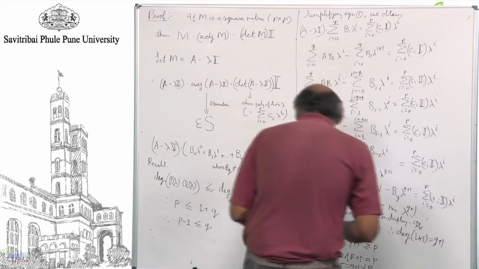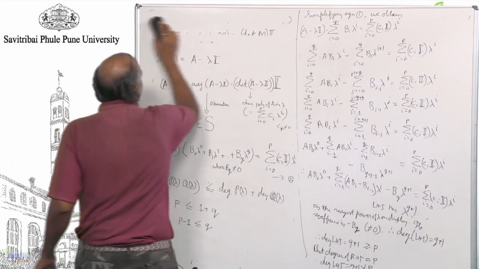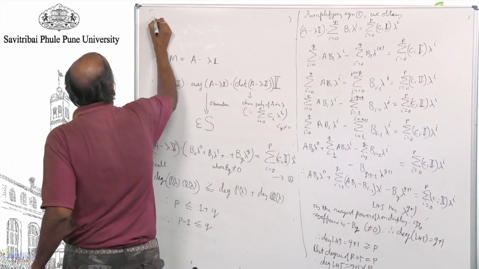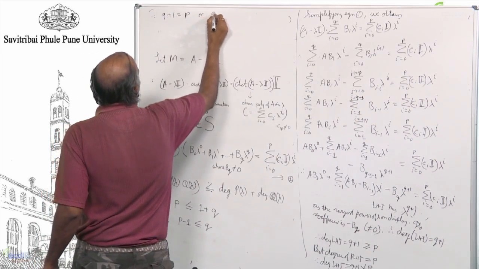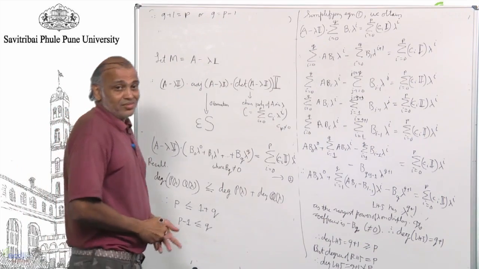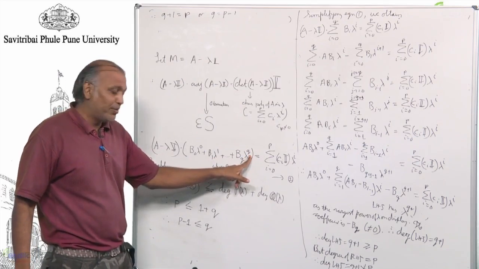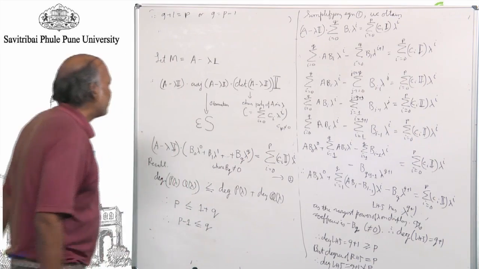So therefore, you will have q plus 1 equals p, or q equal to p minus 1. Much like your ordinary polynomial division, this is q minus 1, p minus 1. So that's what you know now. This is p minus 1.